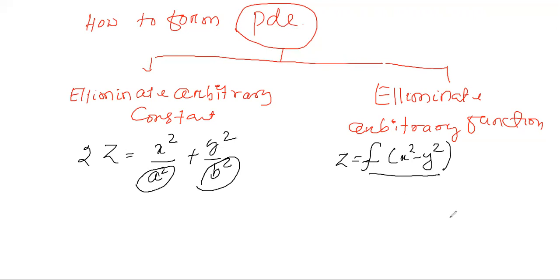So first of all, you consider this example: 2z is equal to x square by a square plus y square by b square.